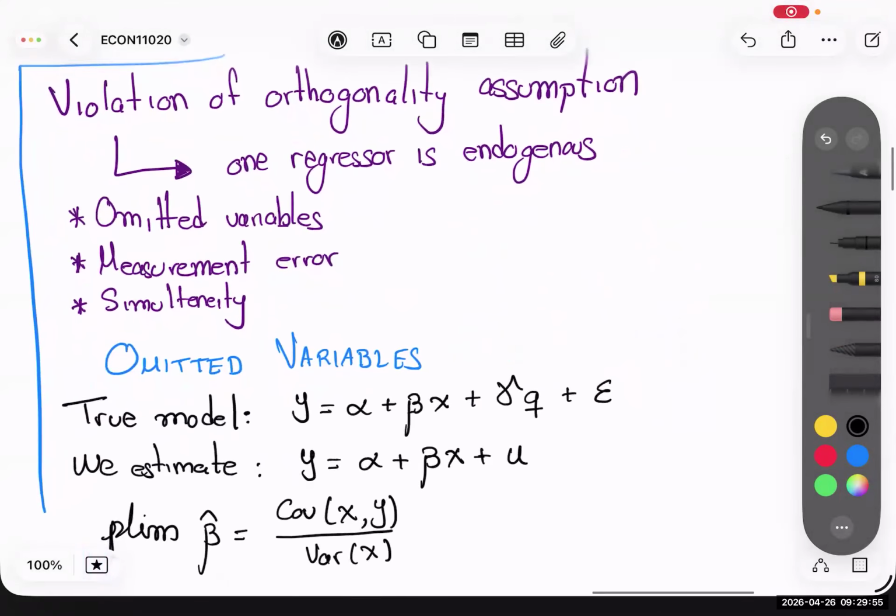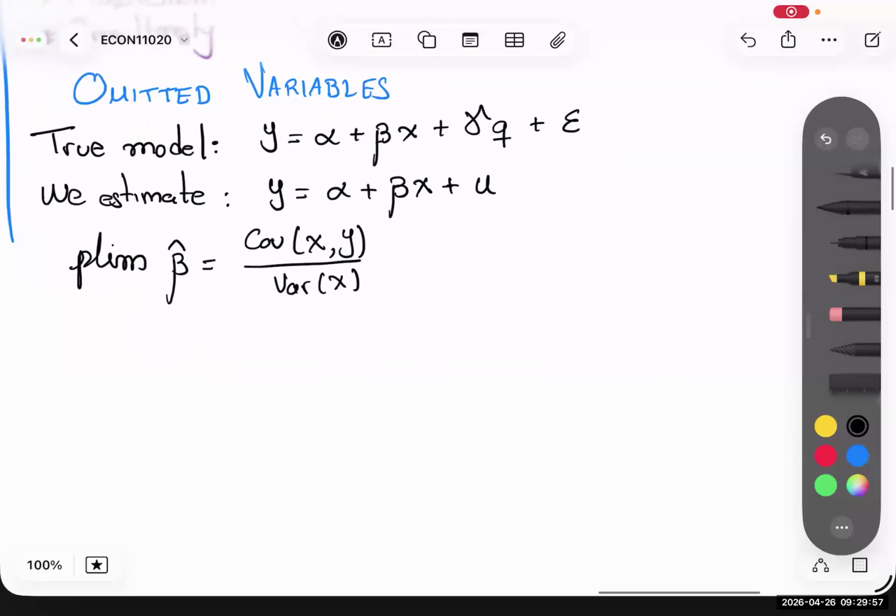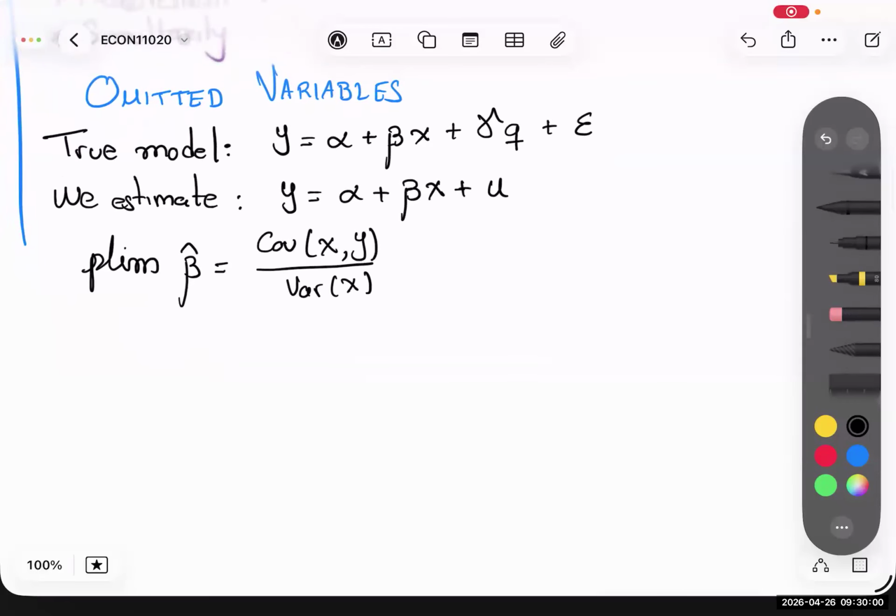And what I said in class is that in the case of omitted variables, suppose that the true model is one in which, let's suppose that y refers to wages, and you're trying to find the association between wages and one explanatory variable x that we are going to refer to as education. And q is another important regressor that we are going to say refers to cognitive abilities.